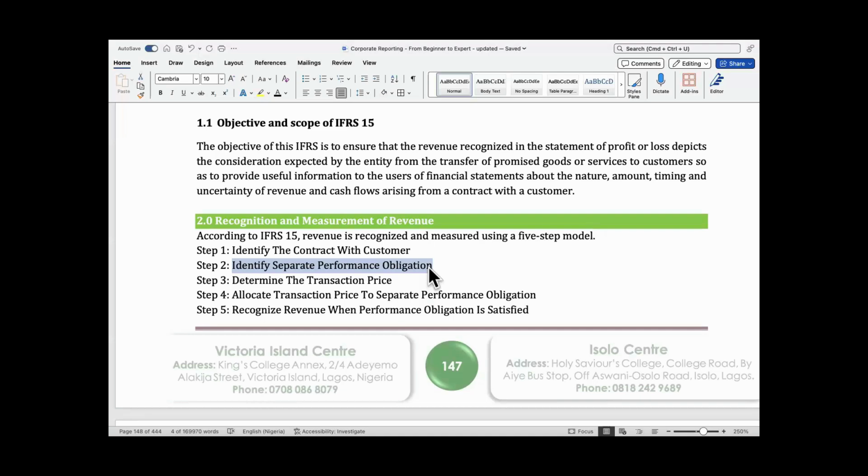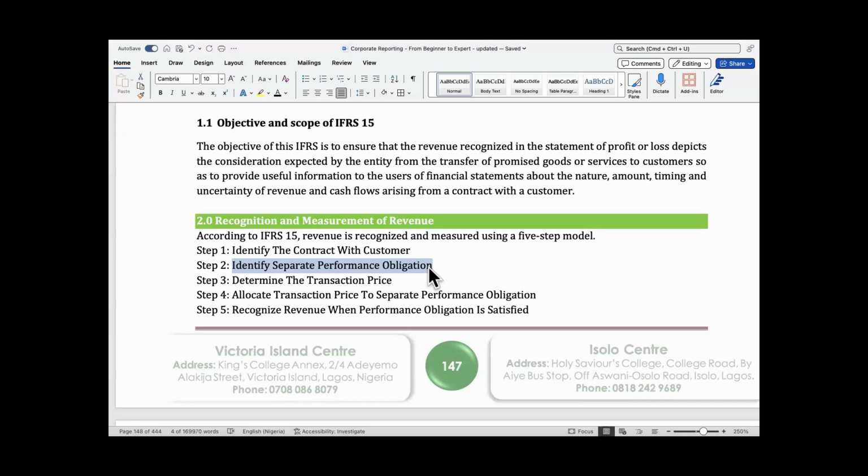If they have a distinct function, which means that the customer can benefit from these goods or services on their own. If it has a distinct profit margin, which means that these goods or services are separately identifiable. That is, they are not integrated into other goods or services.